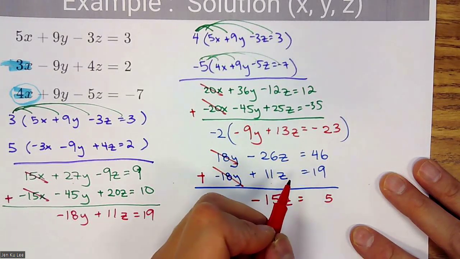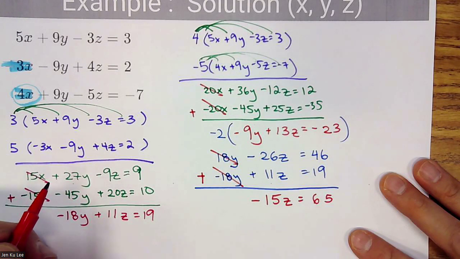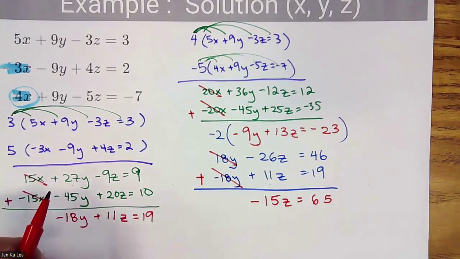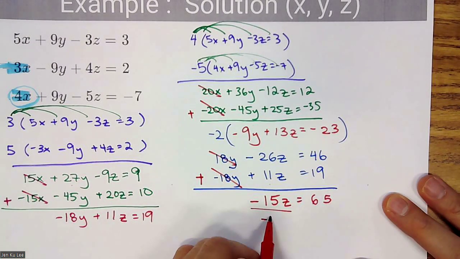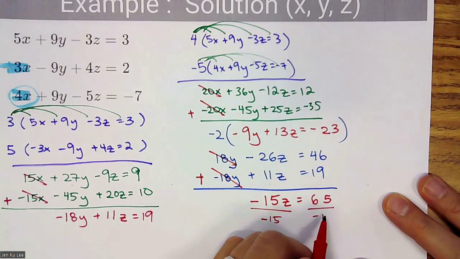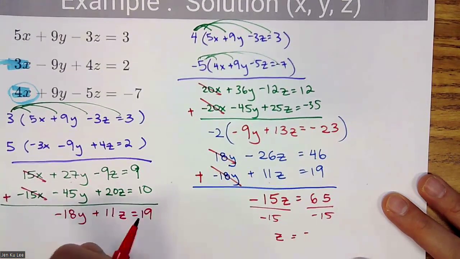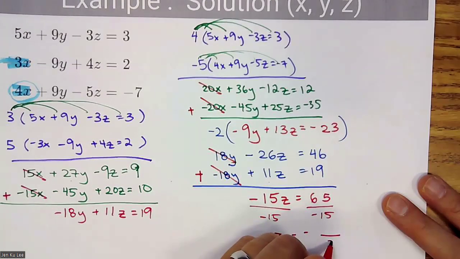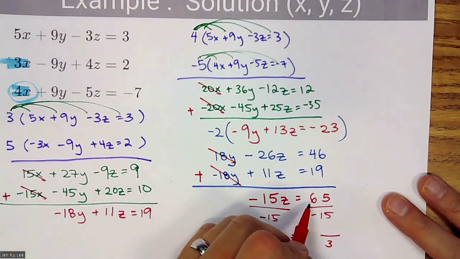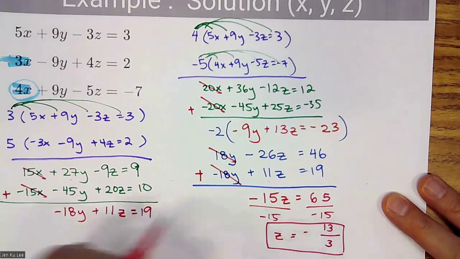That's 65. And if I divide this by negative 15, divide this by negative 15, z is going to equal negative 13 thirds, right?